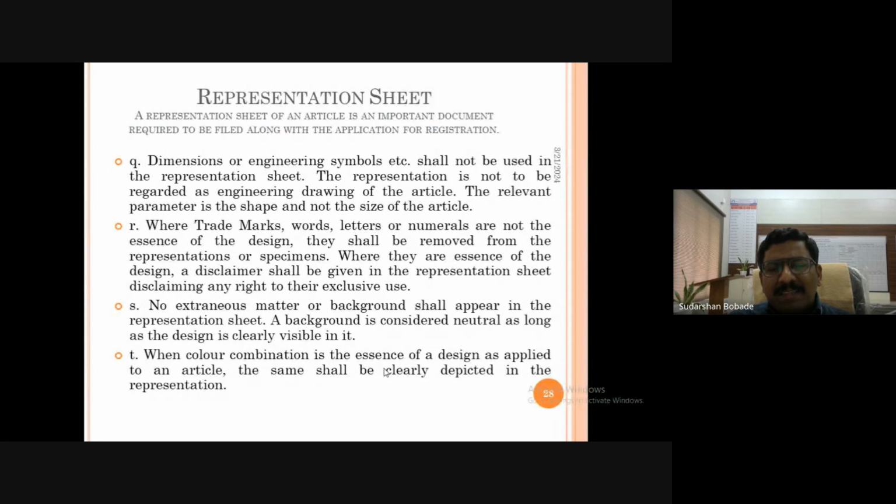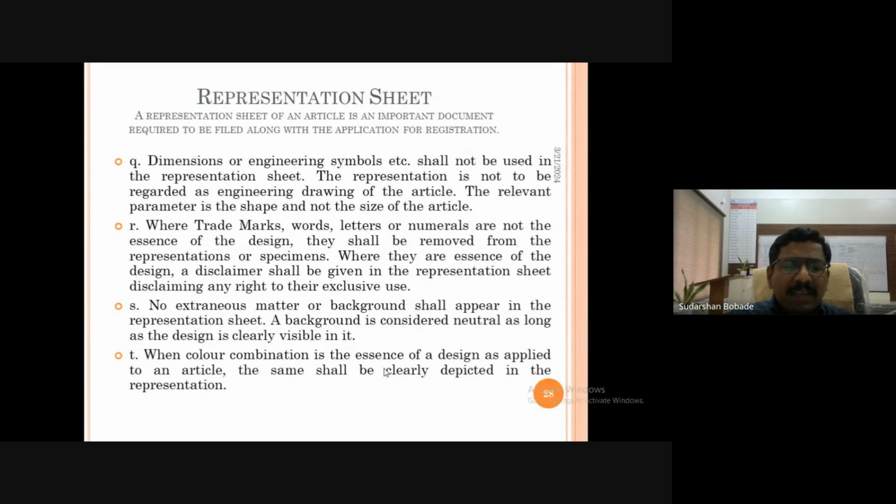But if it is the essence of your design, then you need to mention that in a very proper way. When we are going for trademarks, words, letters or numerals, say suppose any organization is interested to just register their design, and they are also interested that their trademark, their logo, their letters, their phrases should be over there, then they can go for that, but there should be a proper disclaimer for that.